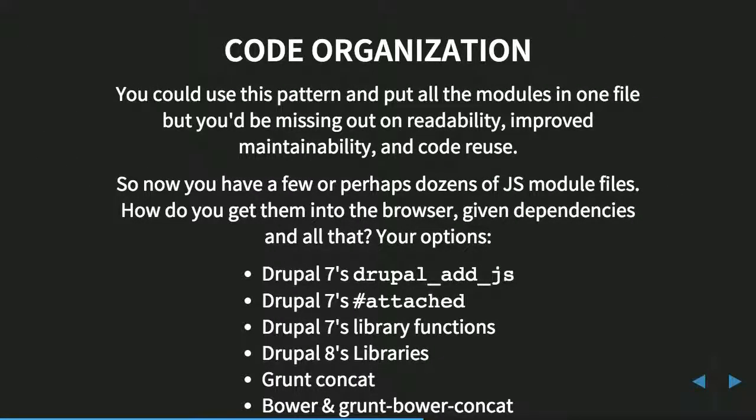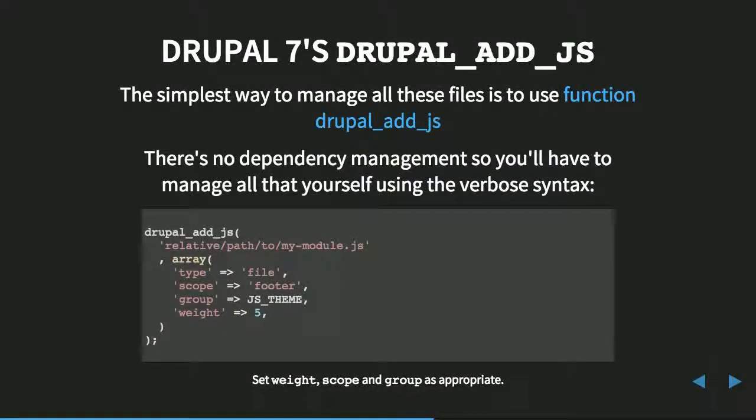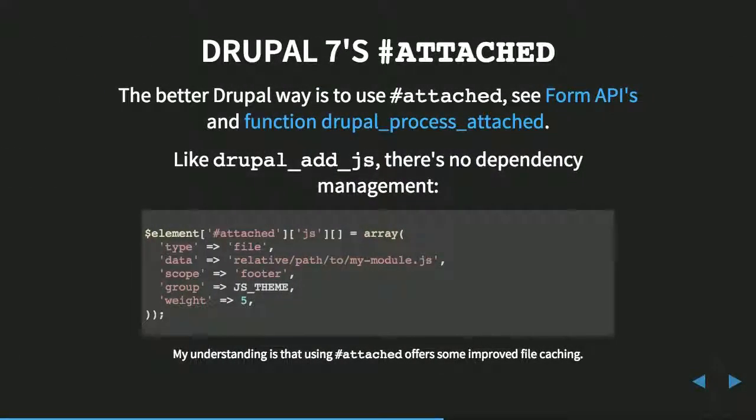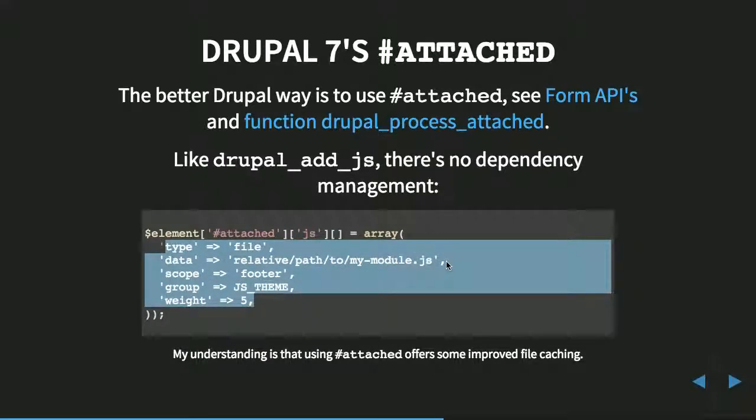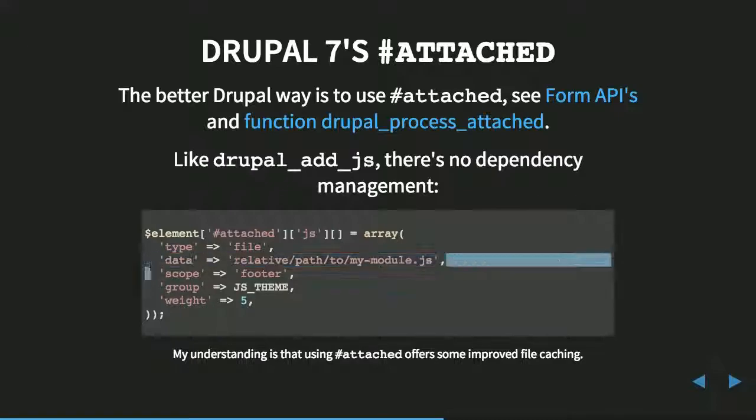So how do you use all these files in Drupal? Well, in Drupal 7, you've got drupal_add_js. Probably you're all familiar with that. Or you can use attach, where basically you attach a particular JavaScript file to an element.